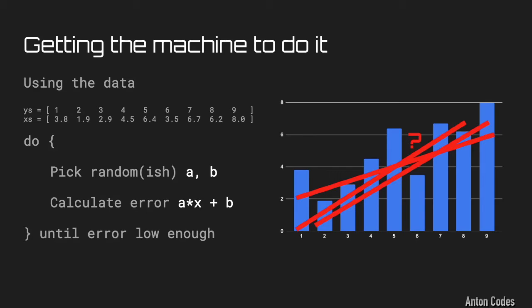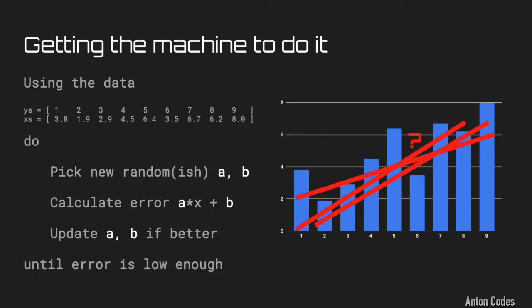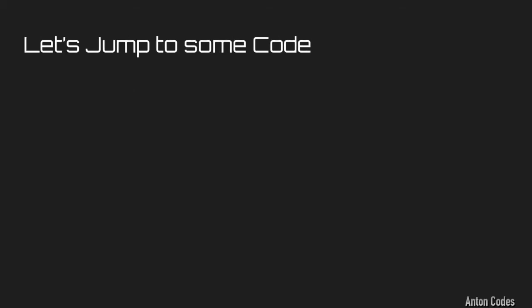We could calculate the error that we got using the function, and we just keep iterating until we have a low enough error. And we just update the a and b if it's better. So let's jump into some code and see what that looks like.